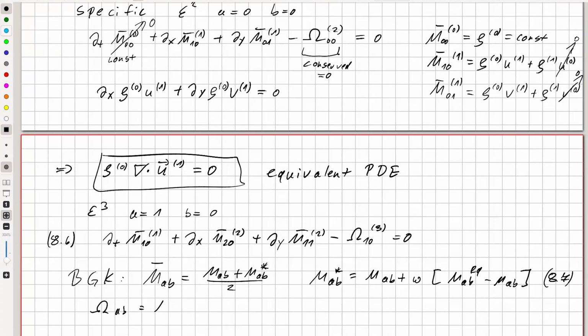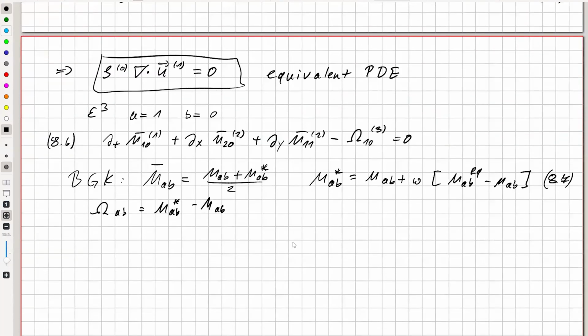Omega_ab is of course m_ab after collision minus m_ab before collision, meaning that we can write m_ab as m_ab bar minus omega_ab half, and the other one we can write as m_ab bar plus omega_ab half, and we can put this into equation 8.7.